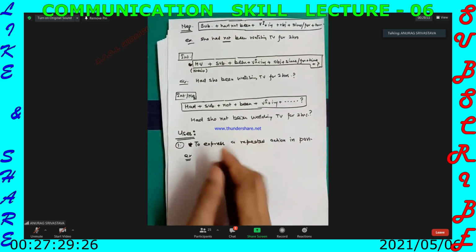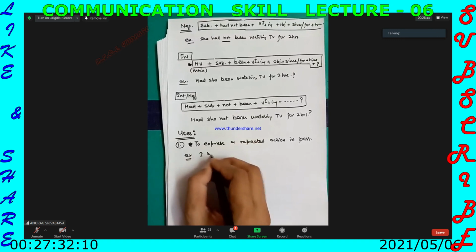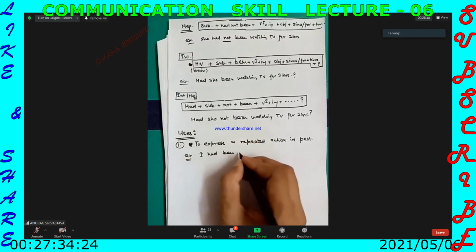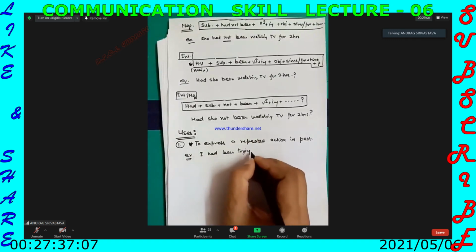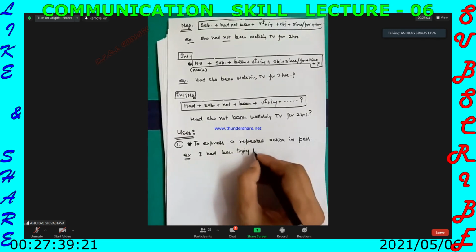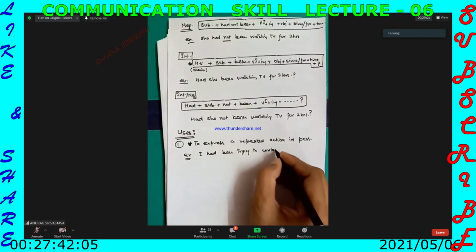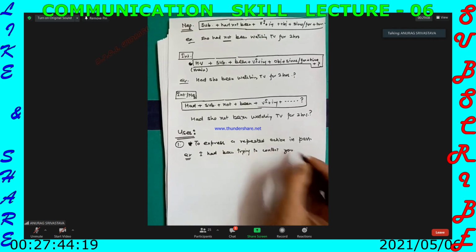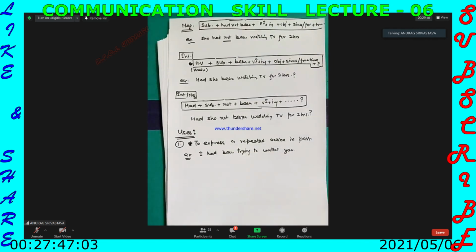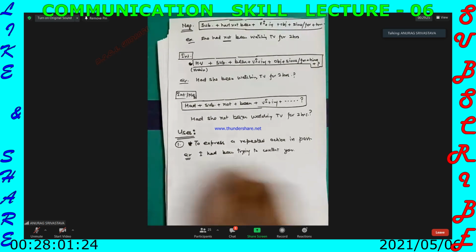Let us take an example. The example is: I had been trying to contact you. It is a sentence showing that the person has been trying to contact you many times. It means the action is repeated many times in the past. This sentence is written in the past perfect continuous tense, because the format is like past perfect continuous tense.